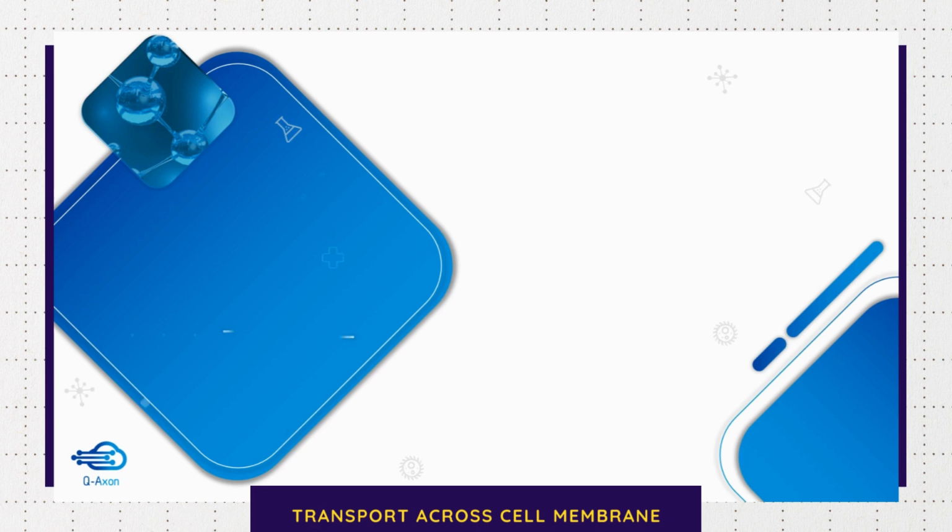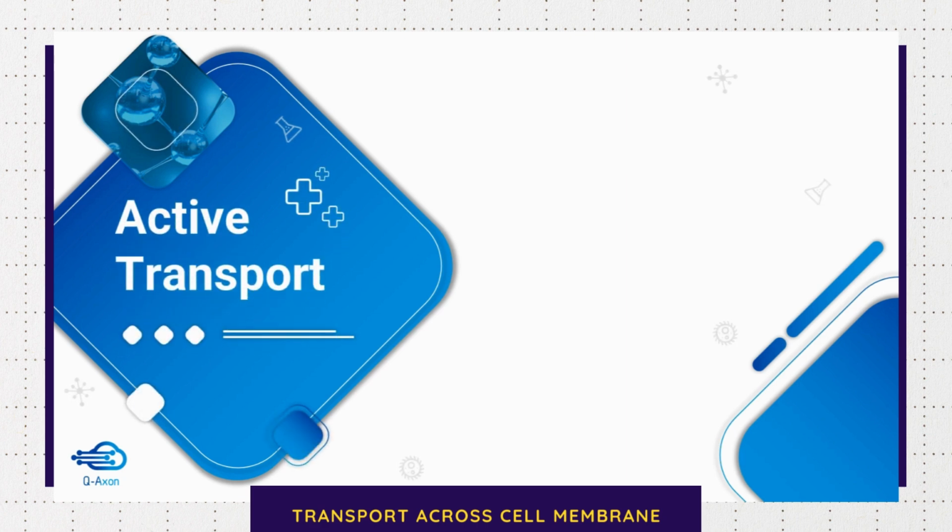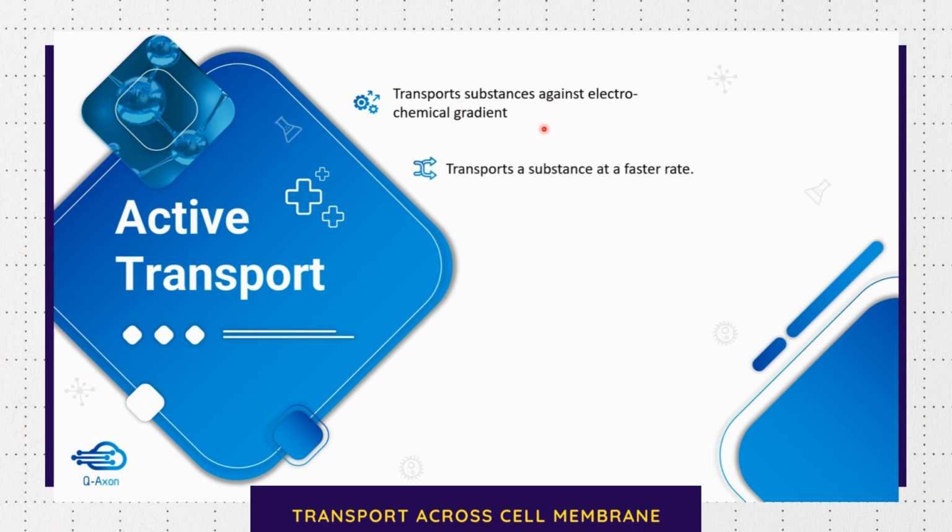Okay, before we move on, let's consider some characteristics of active transport, basically of primary active transport and secondary active transport. As said, it transports substances against the electrochemical gradient, and because it uses a carrier protein, it transports substances at a faster rate and utilizes energy, that is ATP.